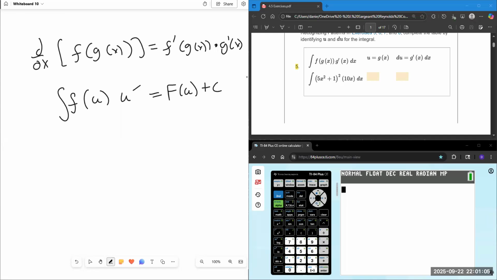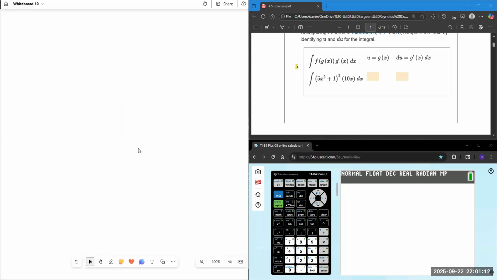g of x is replaced with u, and that's what we're going to do, this selection here to start off with: what's my g of x and what's my g prime of x, what's my u and what's my du.